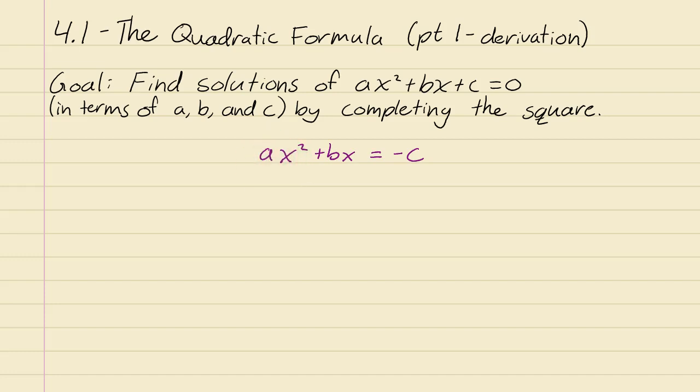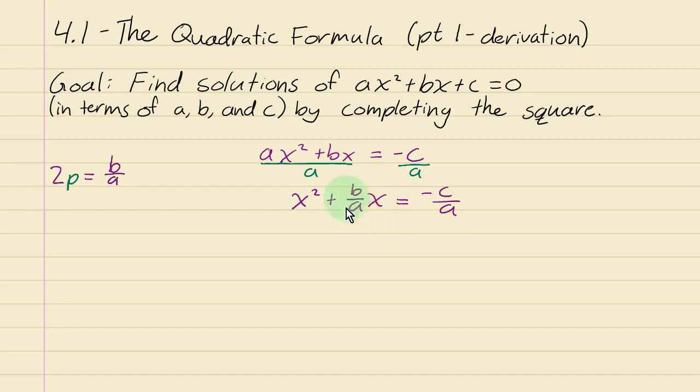So the a, we need to divide both sides by a, which leaves you with x squared plus the fraction b over a times x equals negative c over a. Now we can do the completing the square step where we add the right constant to both sides.